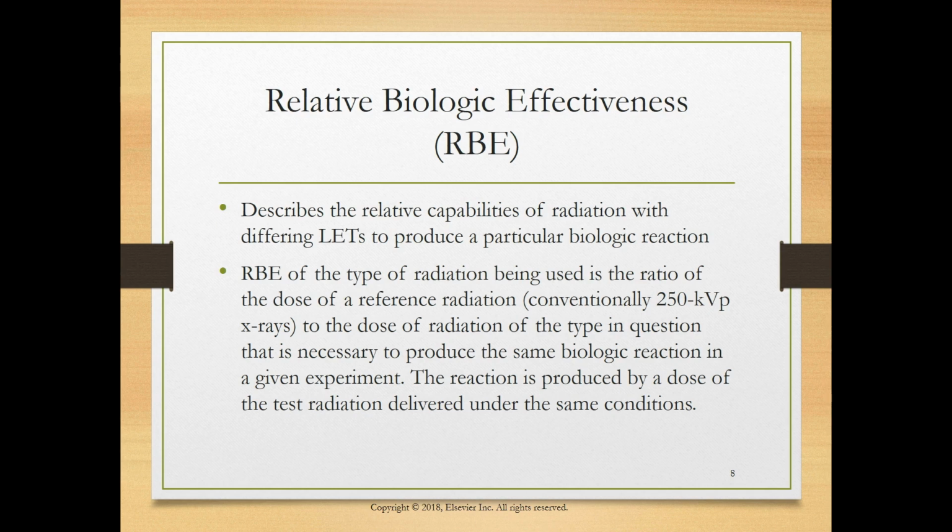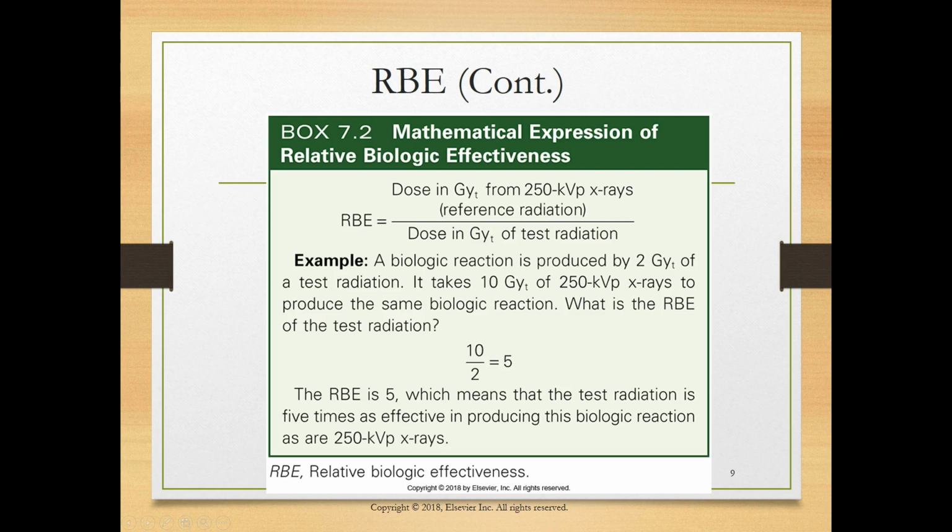They did this by making a test, and the reference radiation that they used is 250 kVp, and the reaction is what is produced by a dose of the test radiation delivered under the same conditions. And looking at the next slide, this one, it shows how they can use that number to have a quantifiable effect that they can use to explain different types of amounts to produce the same reaction.